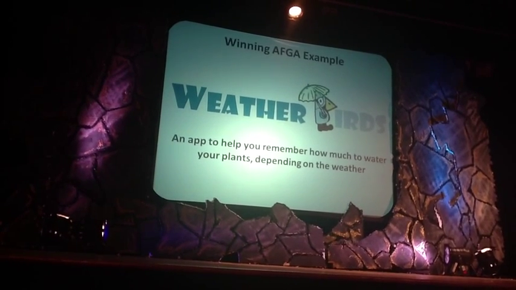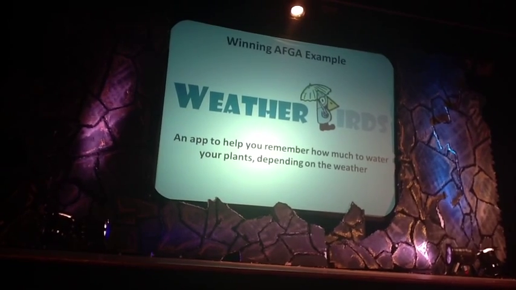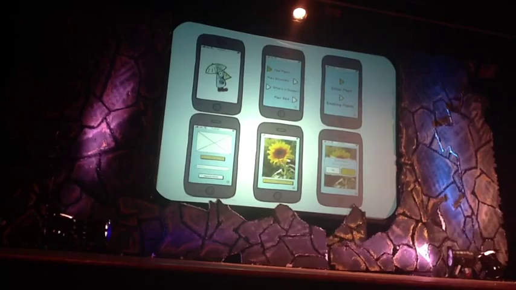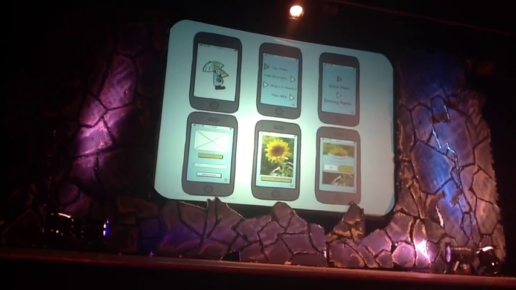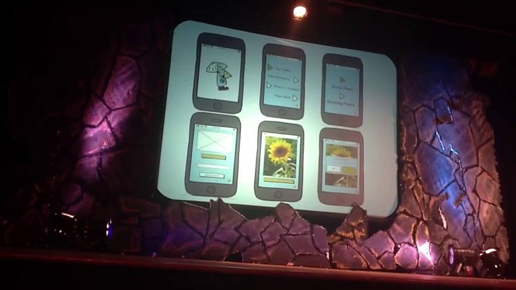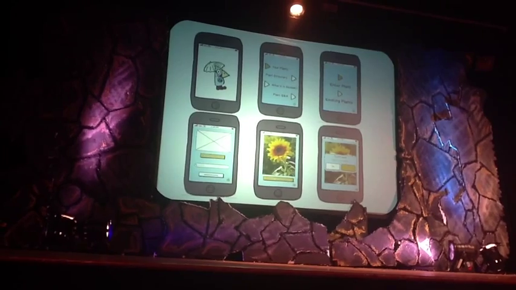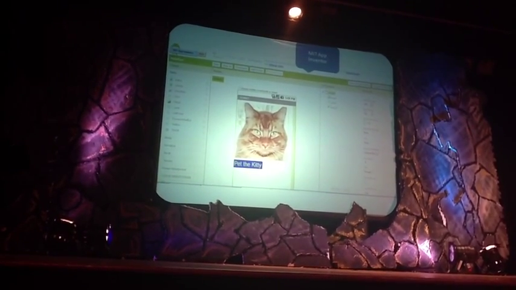It was one they came up with, trying to find out feeding in weather forecasts and deciding which of your plants you actually needed to water. Go on to the next one because we're rushing. This is Balsamiq, so they actually design these on the screen, get them all working, and the links will work, so it's a sort of early prototyping for them. And you then go on, we've mentioned some different app creators.